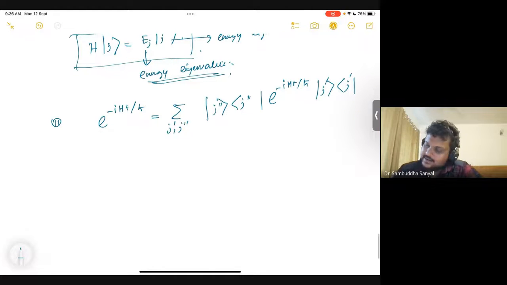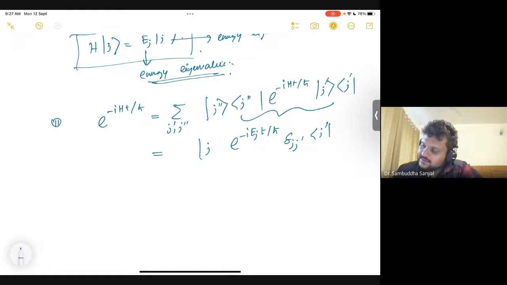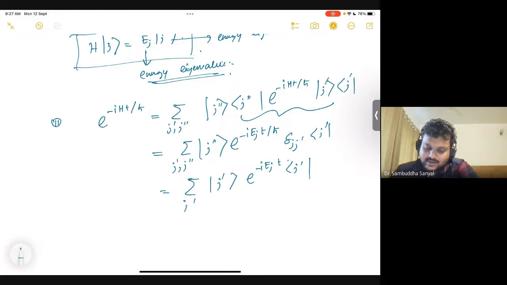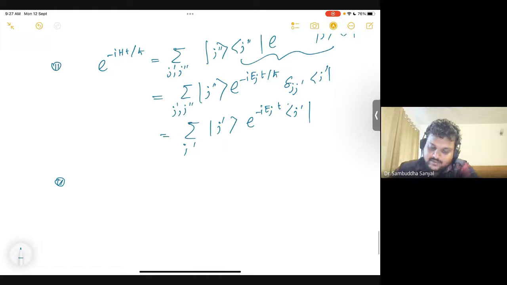And this is nothing but this. Right. So now why is it particularly easy? Let's see how simple it becomes.